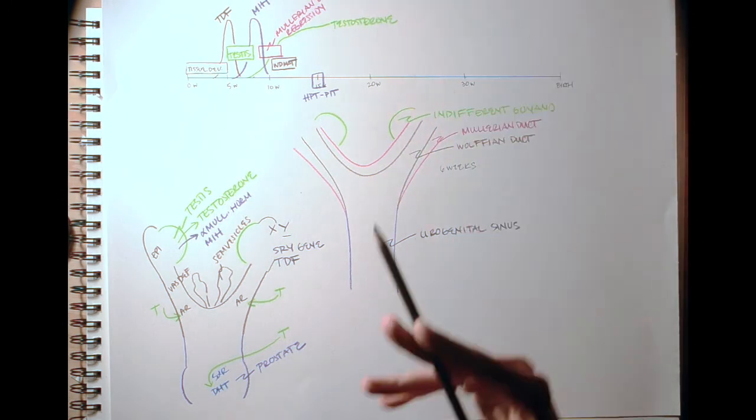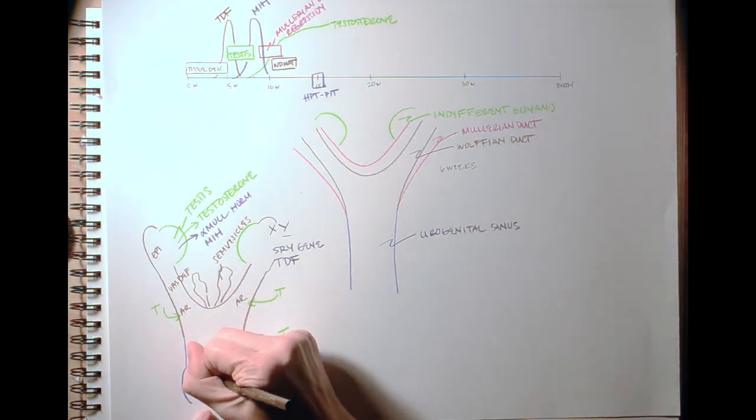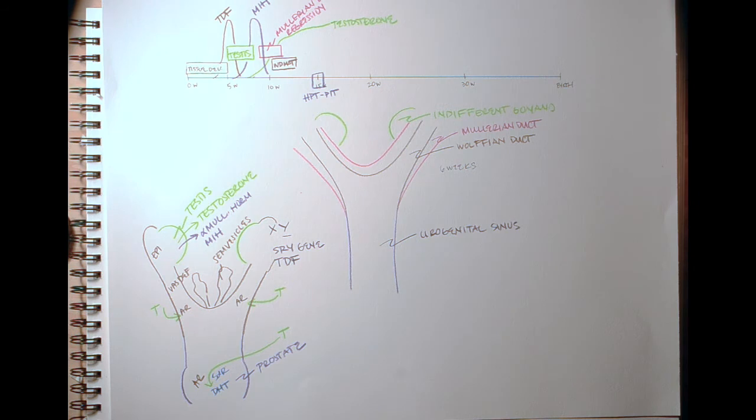Androgen receptor expression here in the prostate and in the external male genitalia. But of course, we also have to have co-expression of 5-alpha reductase to get conversion of testosterone into dihydrotestosterone to get full maturation of the male reproductive tract.